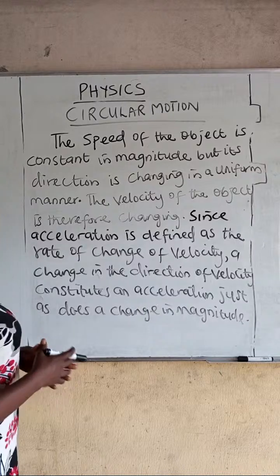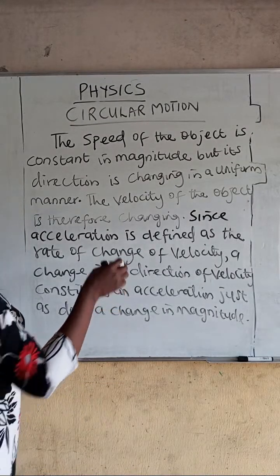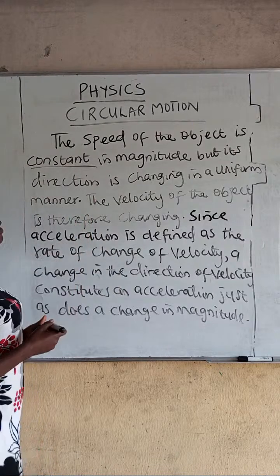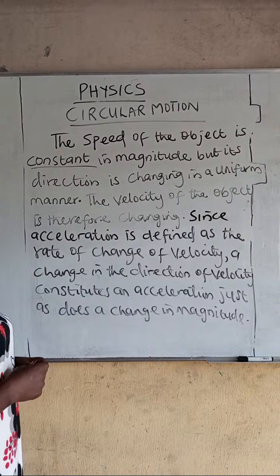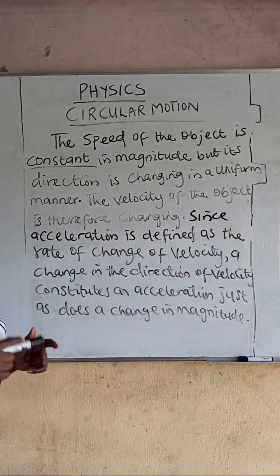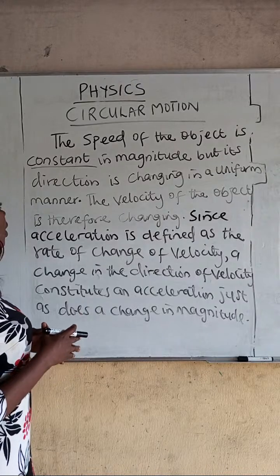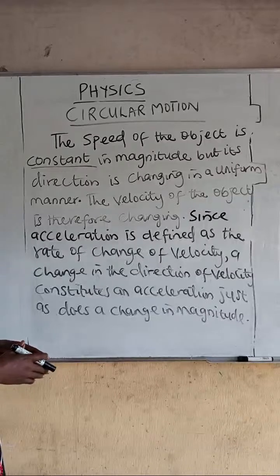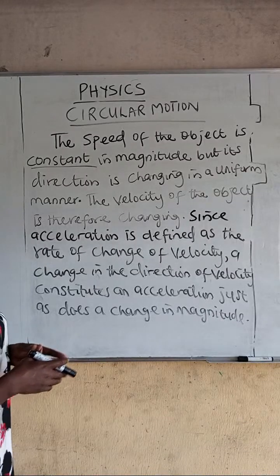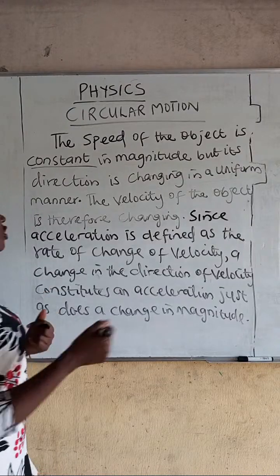Okay, let me explain. The speed of the object is constant in magnitude, but its direction is changing in a uniform manner. Let me do a recap. The speed of the object is constant in magnitude, but its direction is changing in a uniform manner. The velocity of the object is therefore changing.